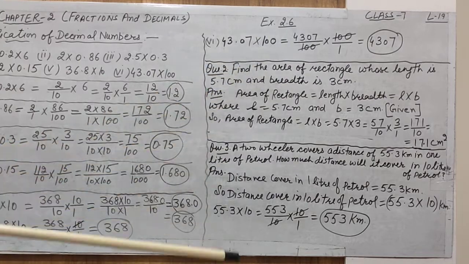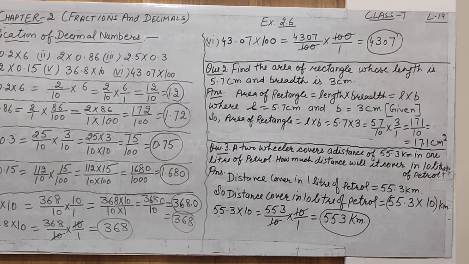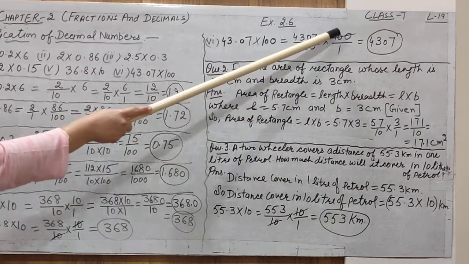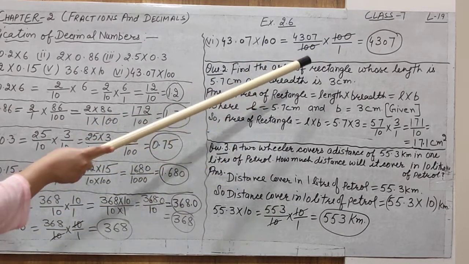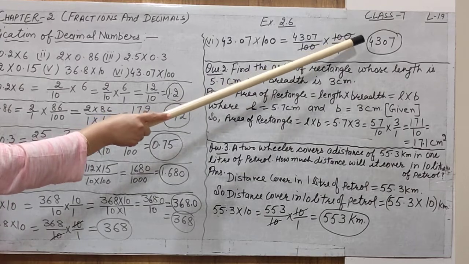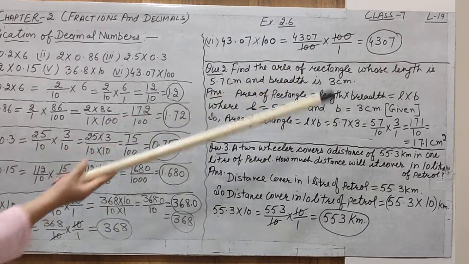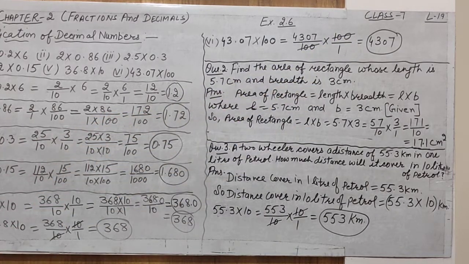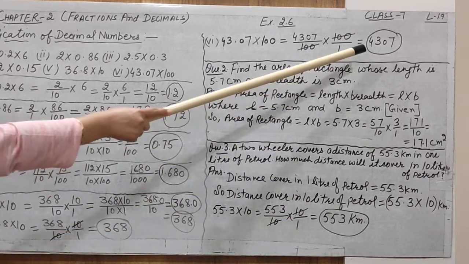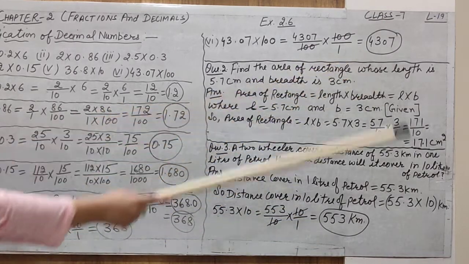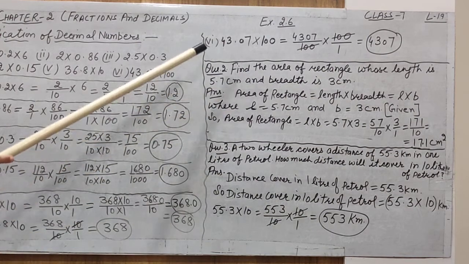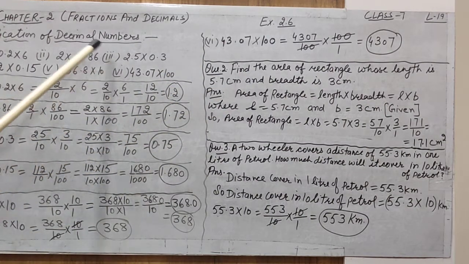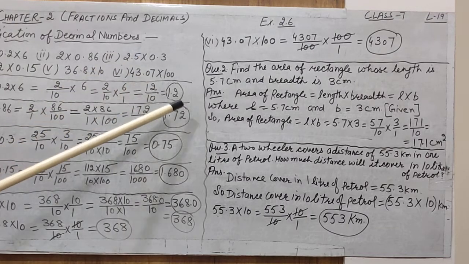And 100 is a whole number. We can change this in the fractional form by 100 by 1. Now you can see the second method, as I told you. 100 can be cancelled out with 100, because 100 in the numerator and 100 in the denominator. You can directly cancel out these two numbers, and result is 4307.